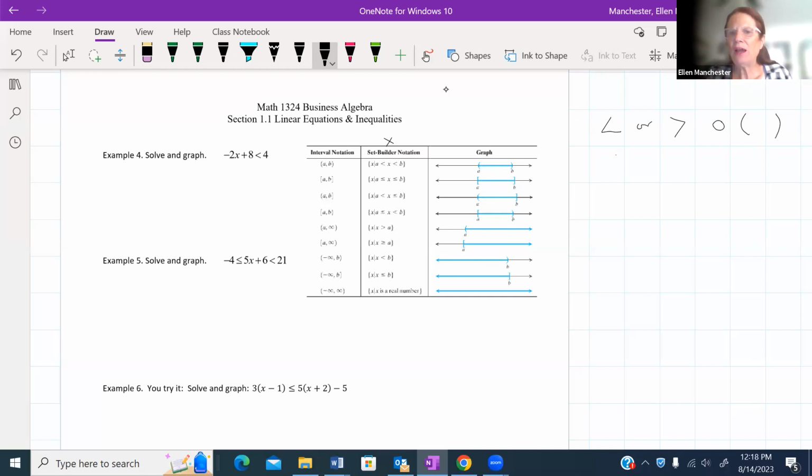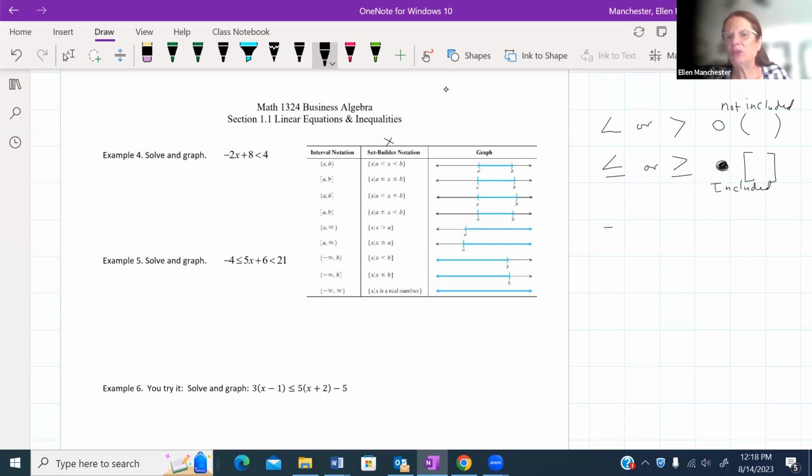If you have less than or equal or greater than or equal, that is a closed dot. That means it's included, so we're going to use brackets. So this one is not included, and this one is included. In other words, it's part of the solution.